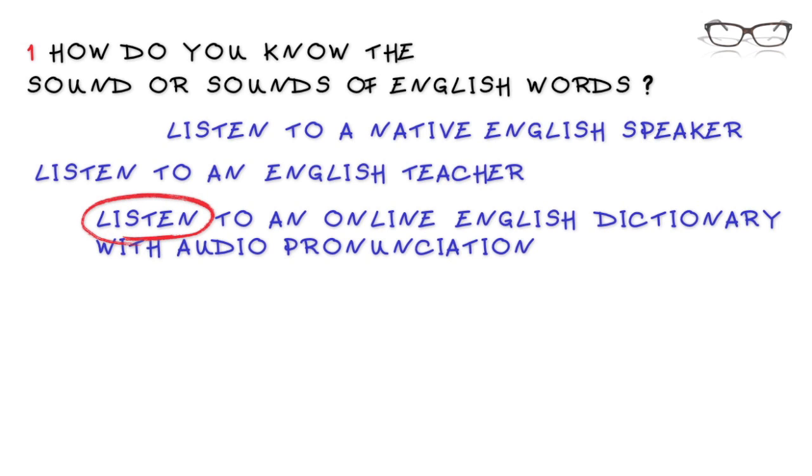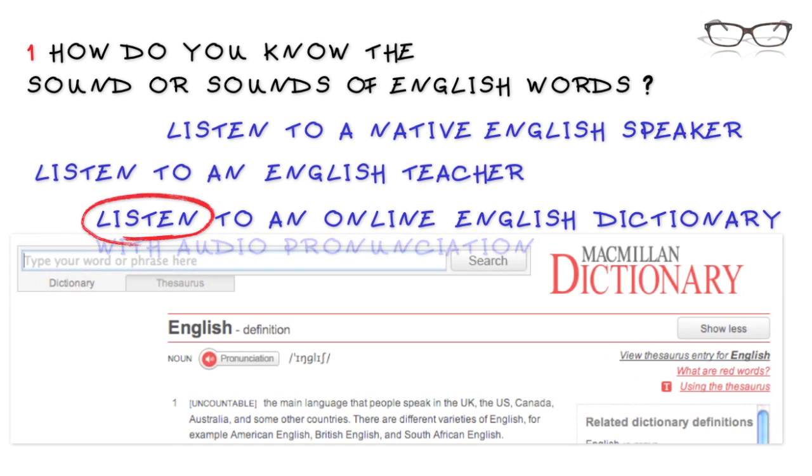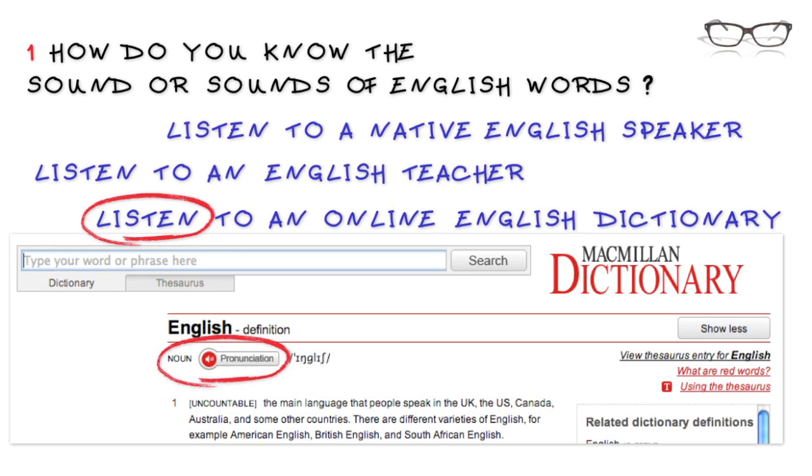However, with the fantastic online dictionaries today, you can find the recorded pronunciation of every word. This is Macmillan online, which will give you both the British English pronunciation and the American English pronunciation of every word that you want to know.